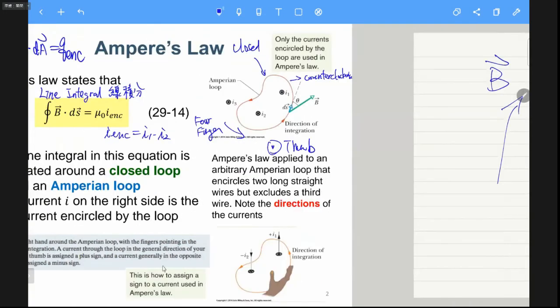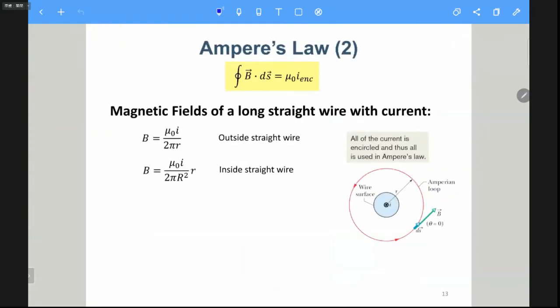So here we can simply apply Ampere's law to get what we had before, and we have B equals mu naught I over 2 pi r. And this one, if we use Ampere's law, we can calculate it easily.